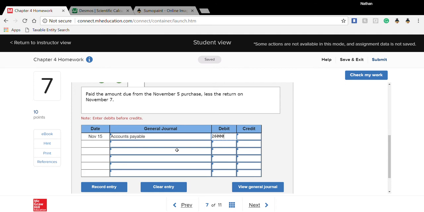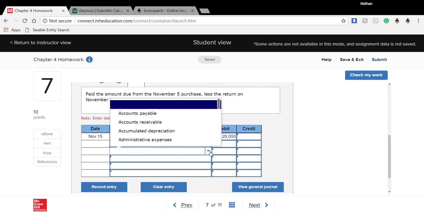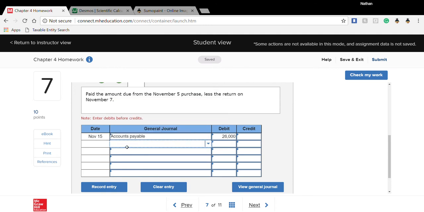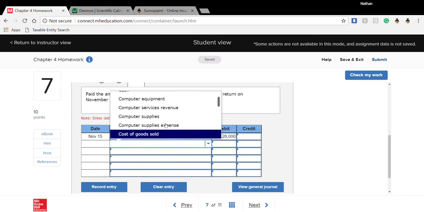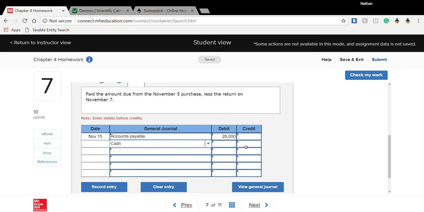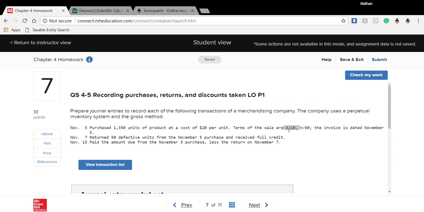Again, every time we have a discount, we're going to have 3 accounts. So let's do both the ones we actually know. One is accounts payable. In order to pay accounts payable, we pay out our cash, but we don't know this amount yet. Our discount was 4 for 10, so 4%.